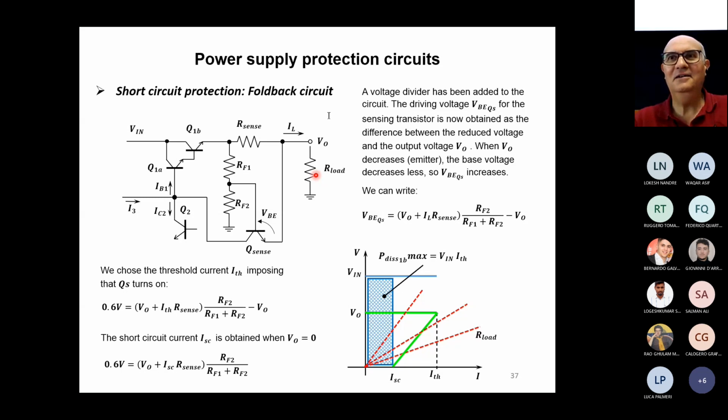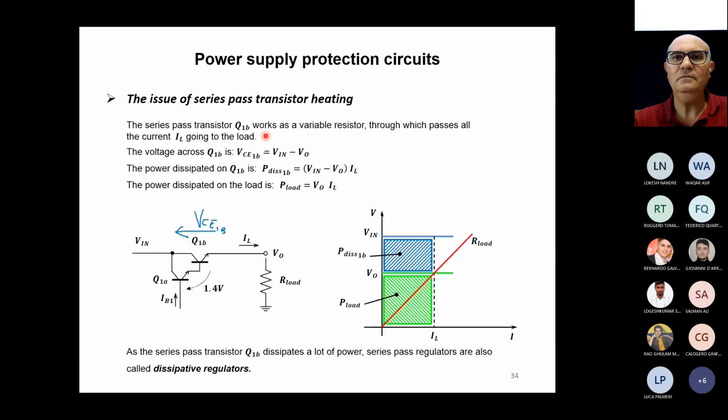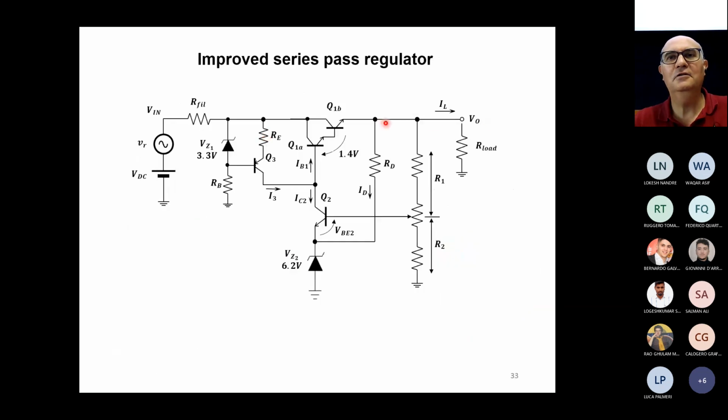Okay. Just one last thing. Your colleague was right, reminding me of something that I was forgetting. Why did we say so many times that this sense resistor and circuit will be placed here and not here? Because if we put this sense resistor here, the sense resistor will give a voltage drop.